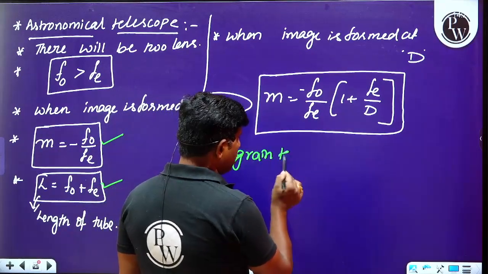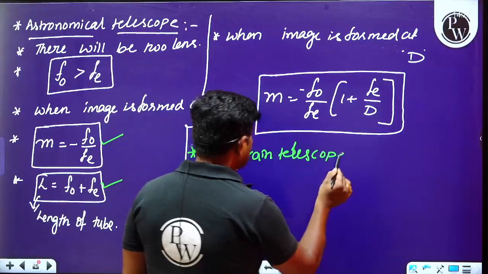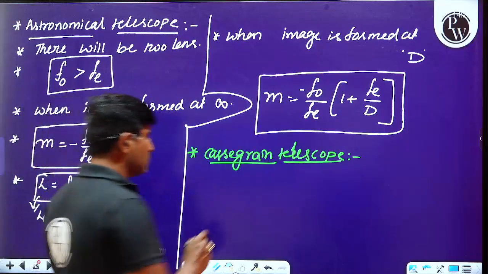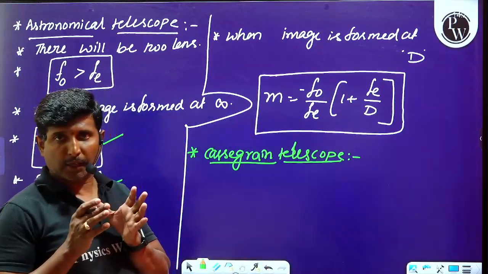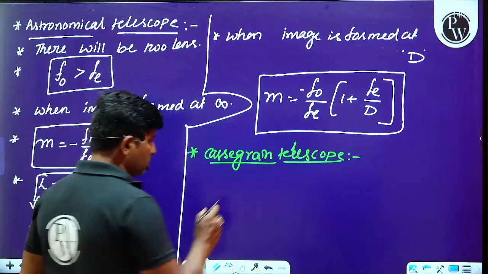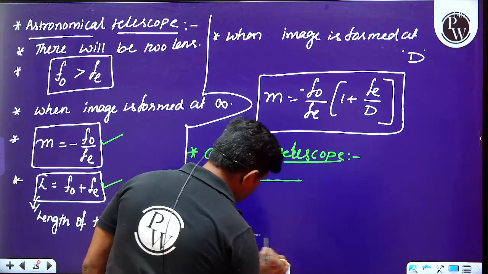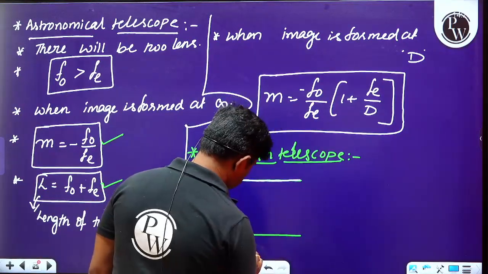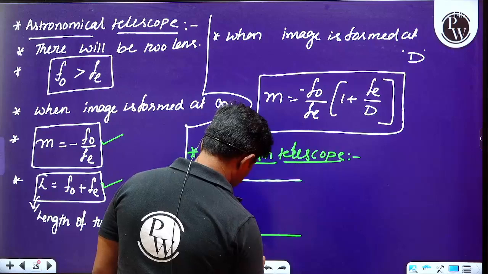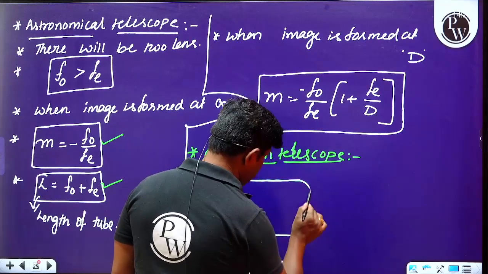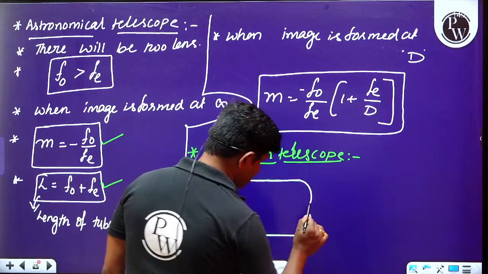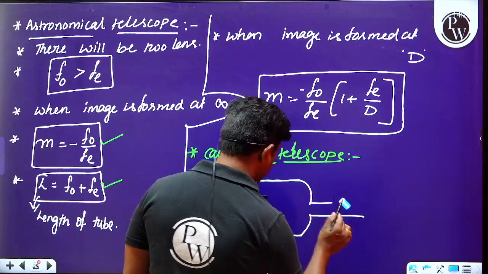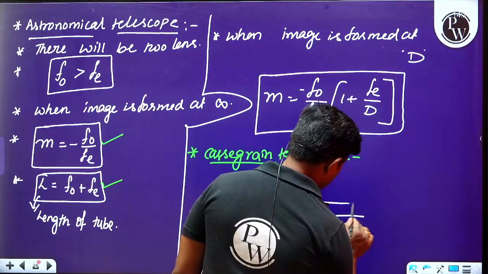The Cassegrain telescope consists of a primary mirror. Please observe this. The Cassegrain telescope is as shown here. Any confusion, you can ask.